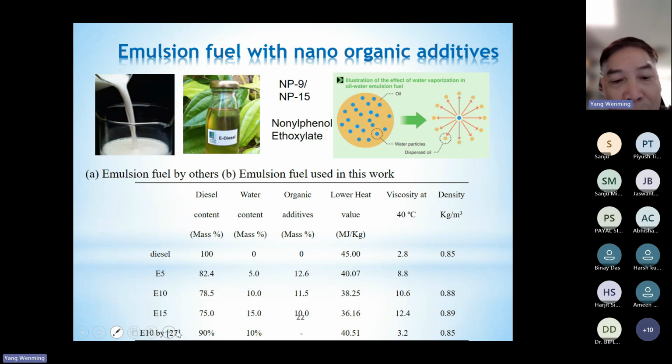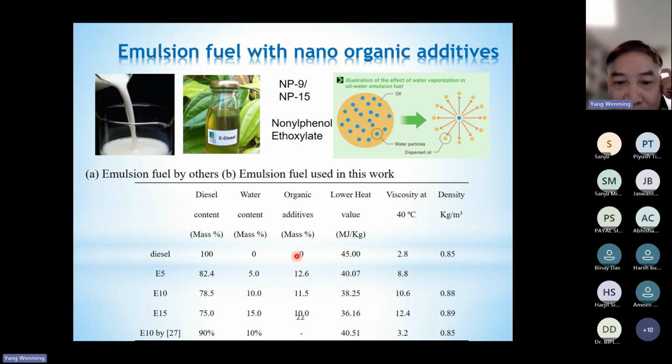And the emulsion fuel by other researchers is 40.5. So we can see with the increase of water percentage, the heating value will drop, correct? This is easy to understand because we know water cannot be burnt, right? So water doesn't produce any energy, correct?